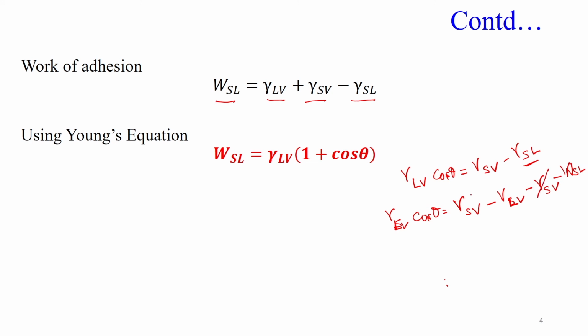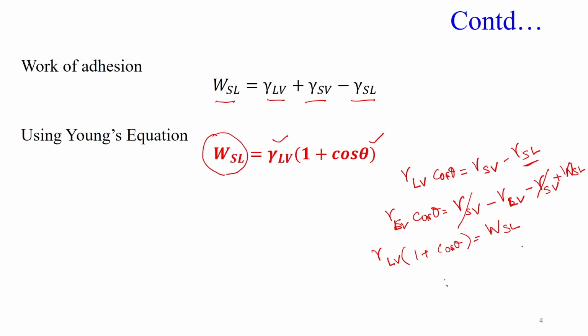So, this will be simply cancelled out. So, this will be gamma liquid vapor (1 plus cos theta) is equal to work of adhesion W solid liquid. So, if you know the contact angle and the liquid vapor interfacial tension, both we can measure experimentally, you should be able to calculate the work of adhesion as well.